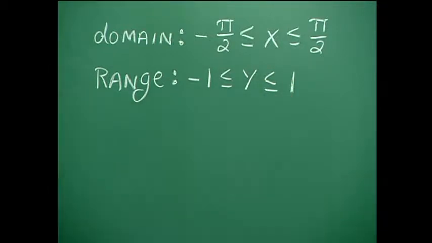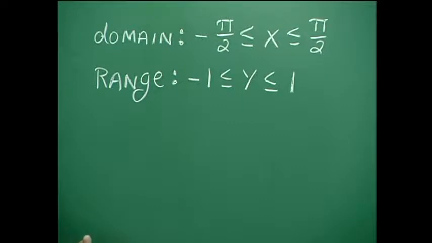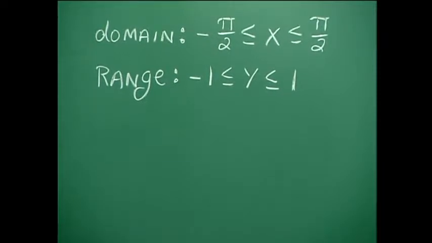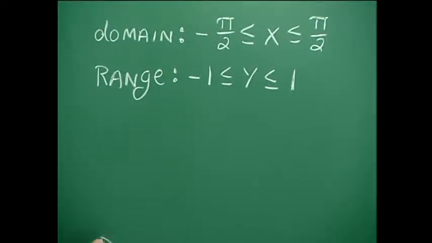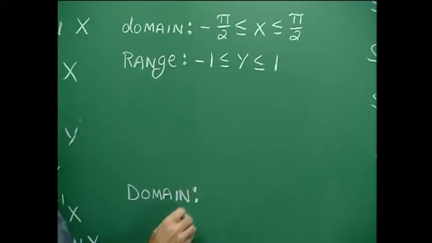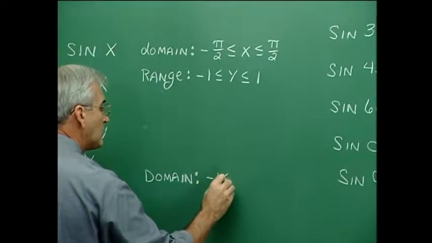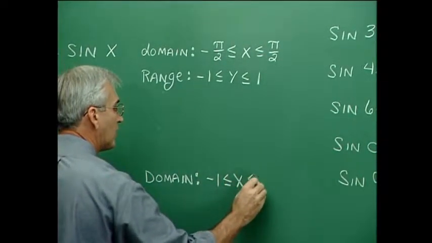Okay, now, the domain of the original function becomes the range in its inverse, and the range of the original function becomes the domain of the inverse. So for our inverse function idea here, the domain of the inverse corresponds with the range up here. So it's negative 1 is less than or equal to x is less than or equal to 1.